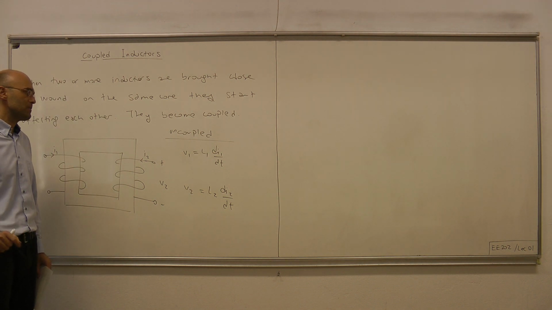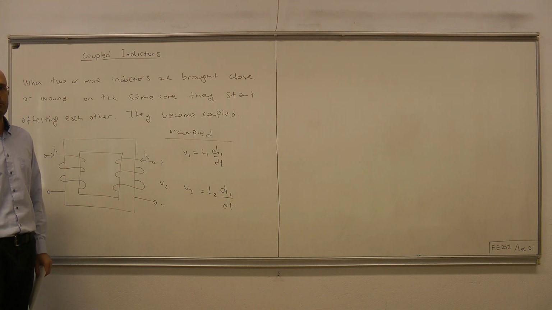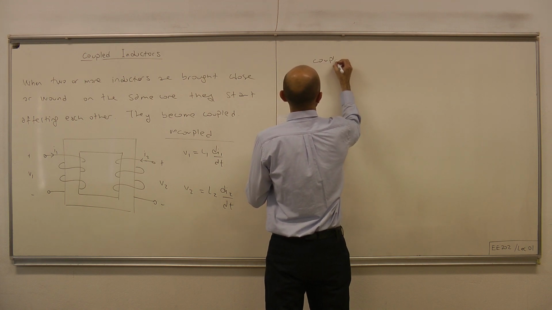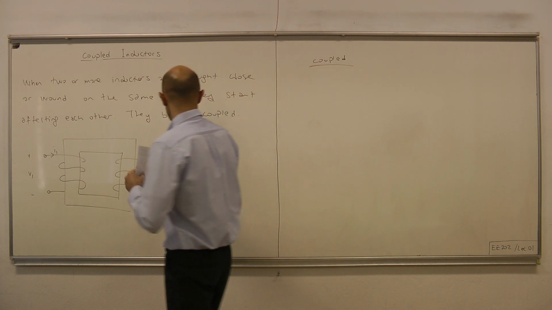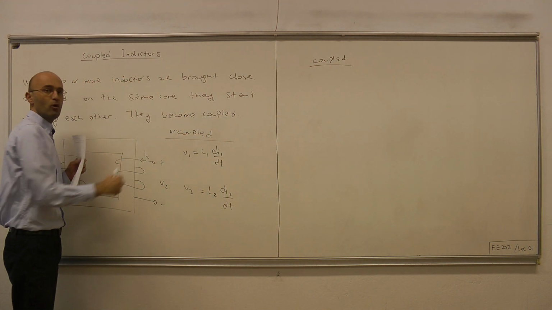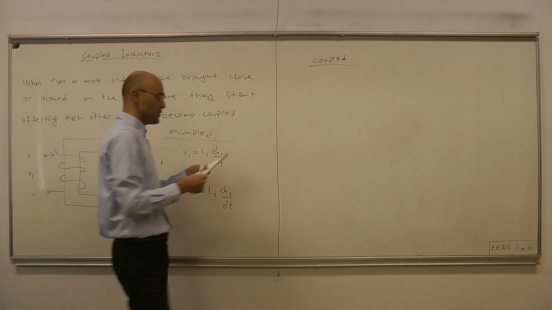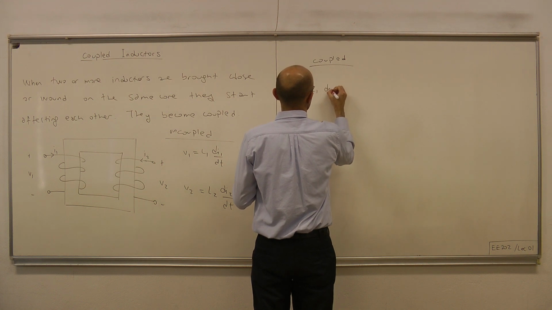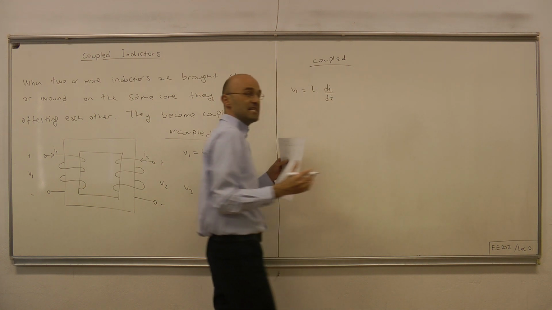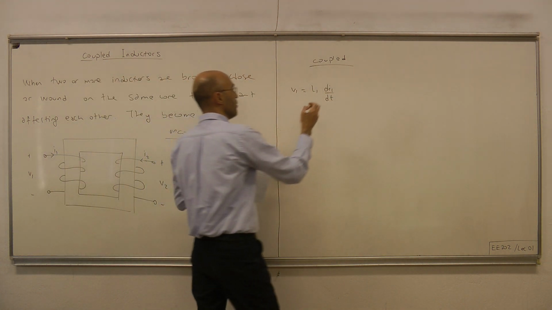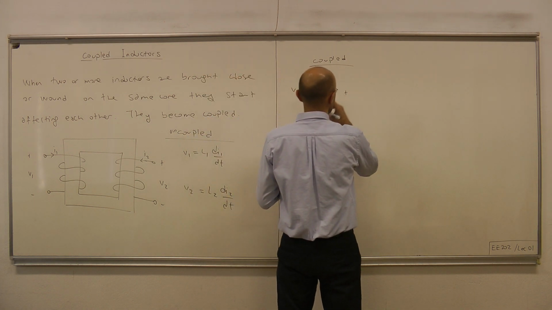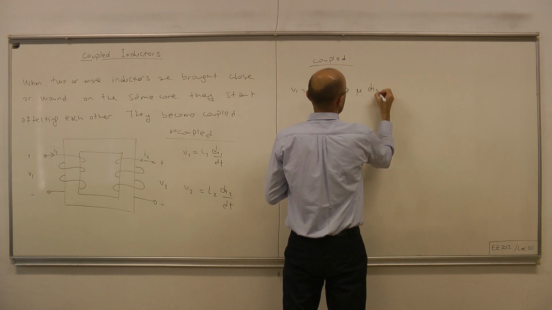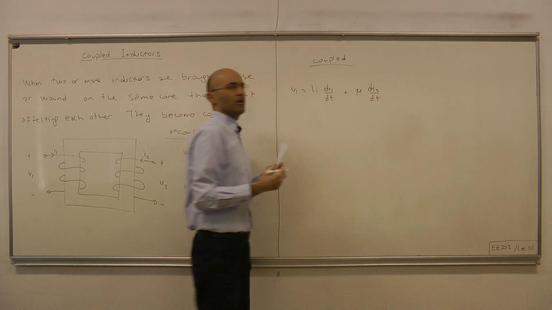That means we have to modify our model, and that modification is through the so-called coupling terms. So when this model is no longer sufficient, we resort to the following: V1 equals L1 dI1/dt, but not only that, also as the coupling term, some constant times dI2/dt.